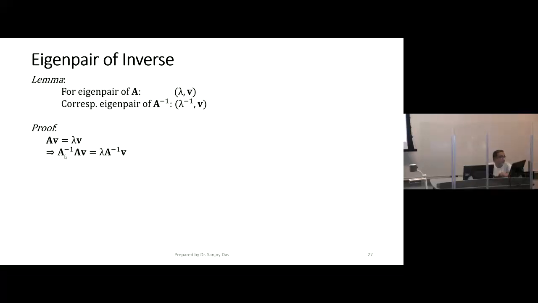So A inverse A V equals lambda A inverse V, and of course A inverse A is equal to the identity matrix, whence V equals lambda A inverse V, whence A inverse V equals 1 over lambda V. So by definition, V and lambda inverse form an eigenpair of A inverse.